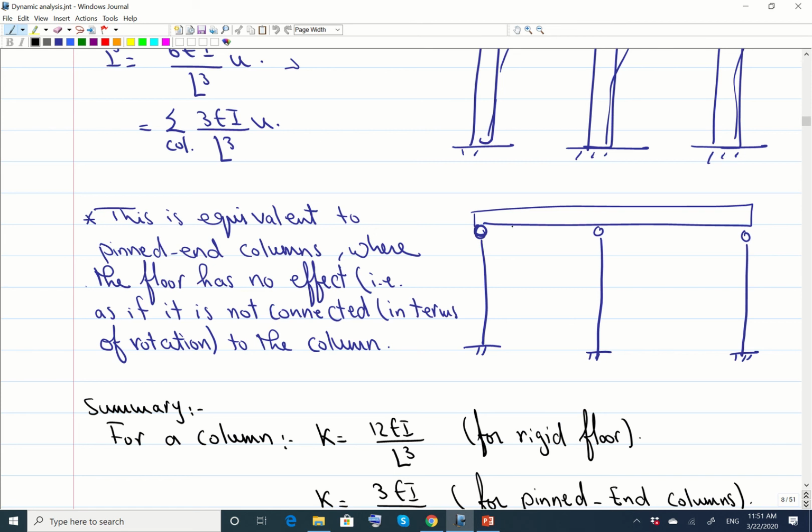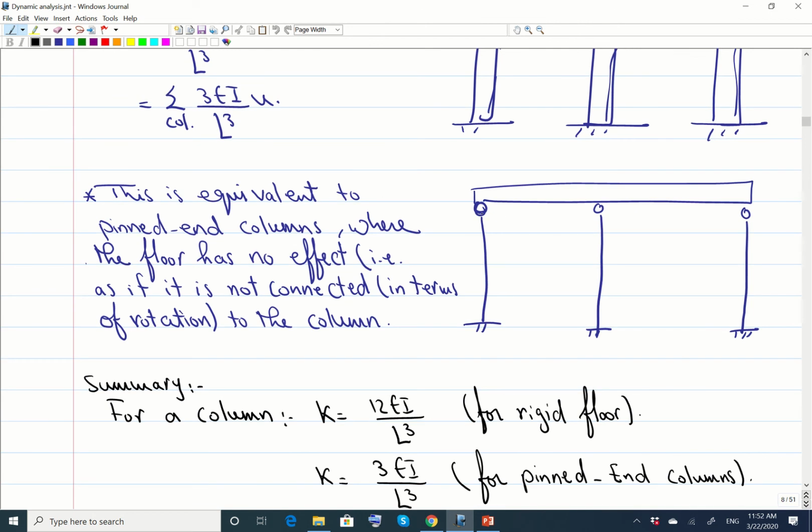So even if the slab is so thick, but there is no connection, the rotation is not transferred from the column to the slab, that means that this is like a pinned connection, and you're going to end up with 3 EI divided by L cubed as the stiffness of such a column, where there is no rigid connection between the column and the floor over here.